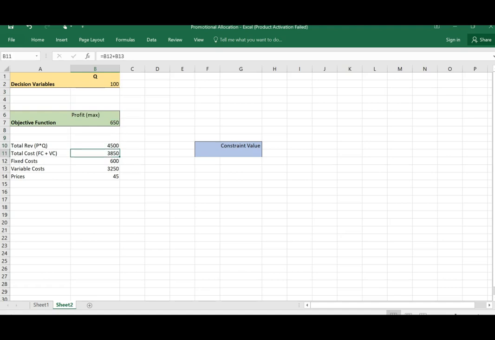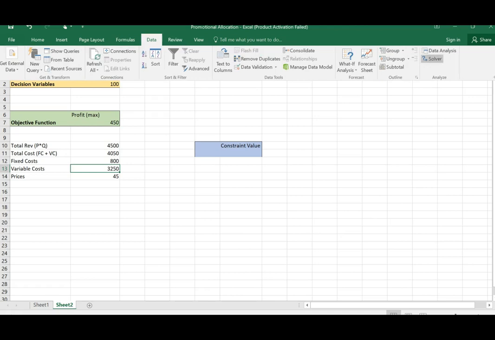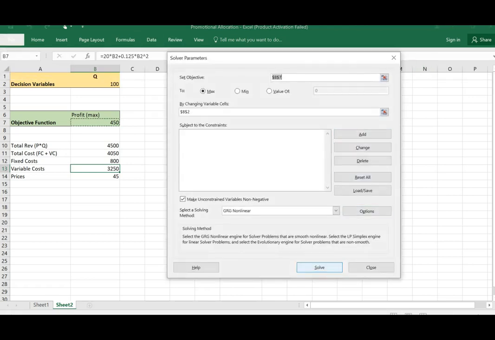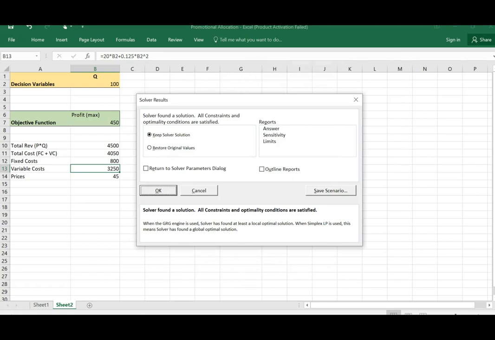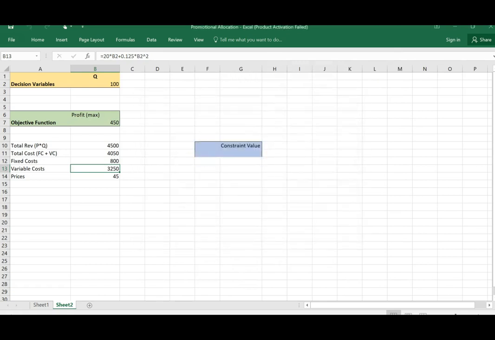One other thing that I want to point out, and again, this is not an economics class, it's not a marketing class, it's an analytics class, but what if the fixed costs go up to 800? If you've taken your economics class, you might be anticipating this. Yep, what happened to the amount that the firm should produce to maximize profit?